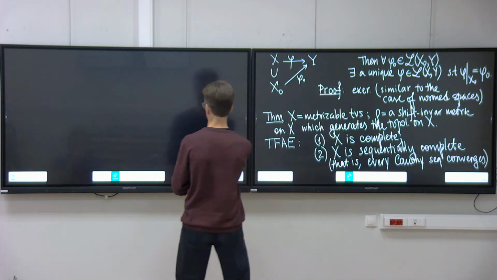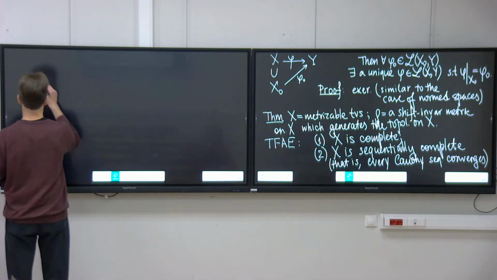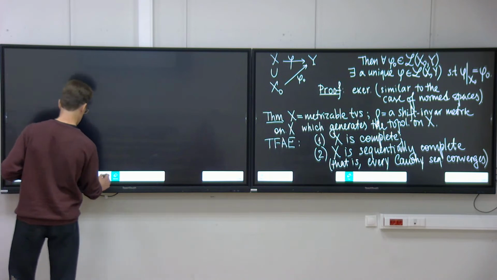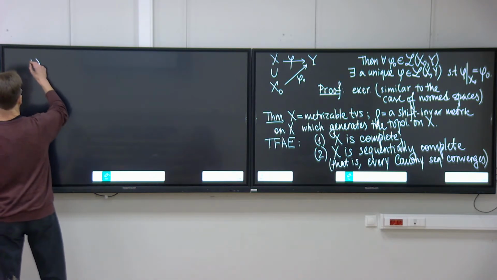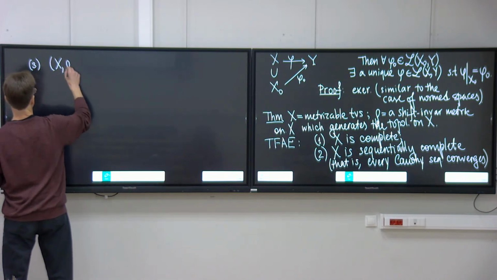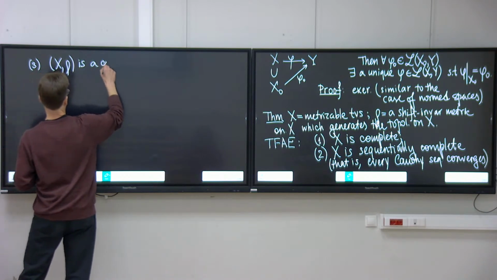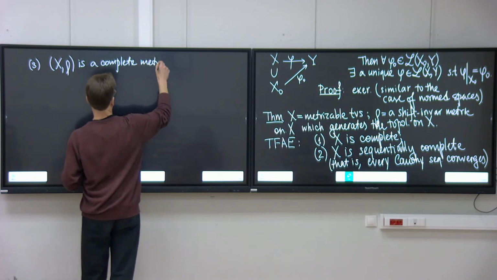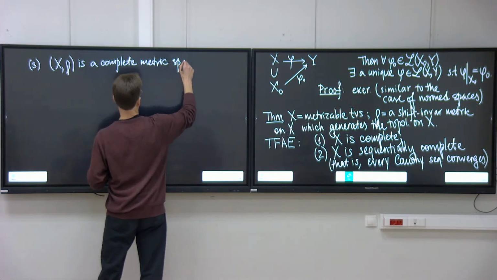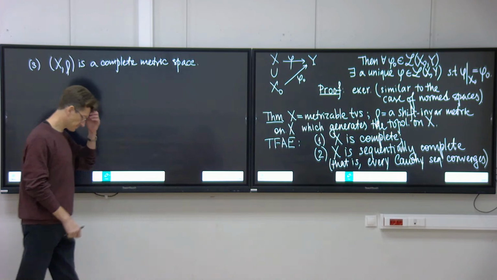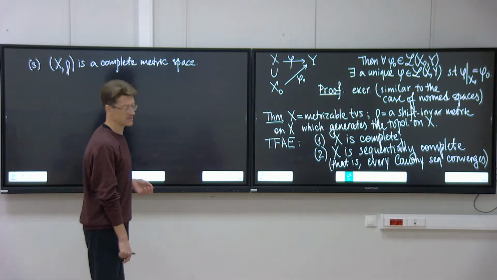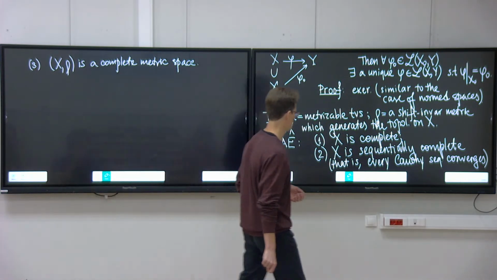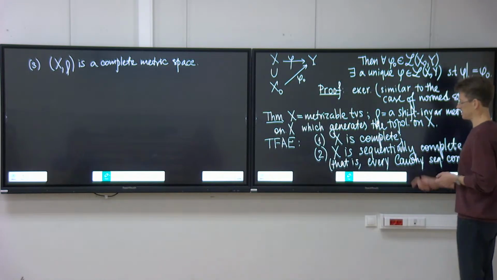Okay, so let me reconstruct part 3. Part 3 was that X is complete for this metric rho. By the way, it's essential here that rho is shift invariant.